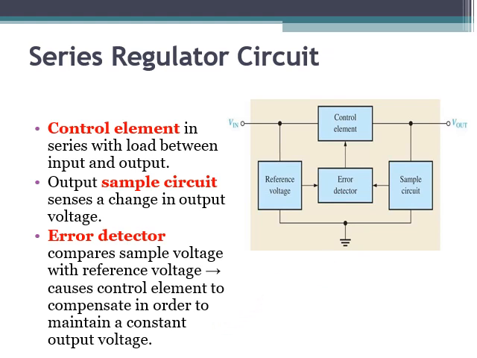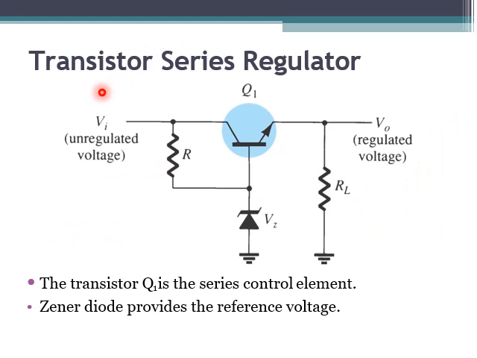Now we'll see the transistor series regulator. Actually, we have seen series and shunt regulator. Now we'll see the transistor as a series regulator. You can see here, this is your unregulated voltage, which is from the output of the filter. Next, this is your output voltage.